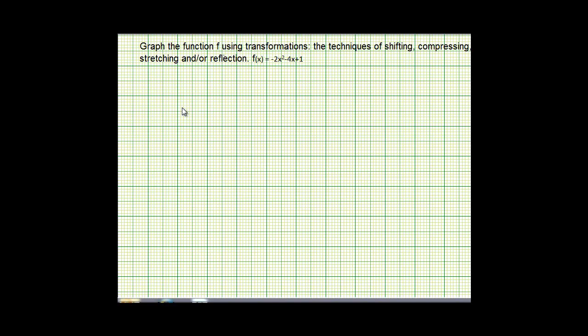The first thing we want to do here is to complete the square. We do that so that we get our equation in the form of f of x equals a times (x minus h) squared plus k.